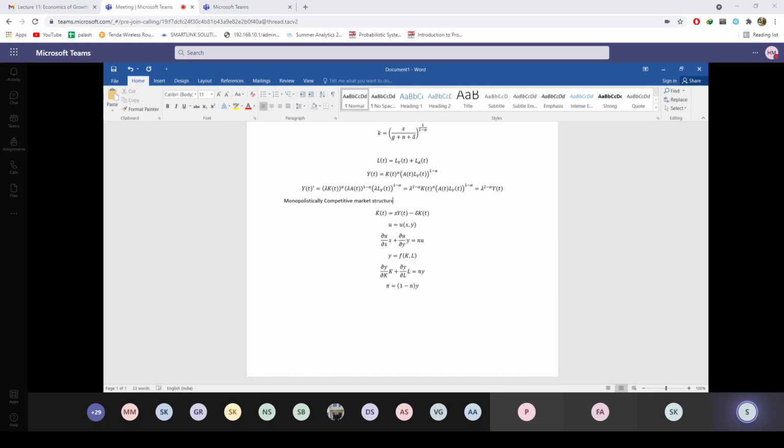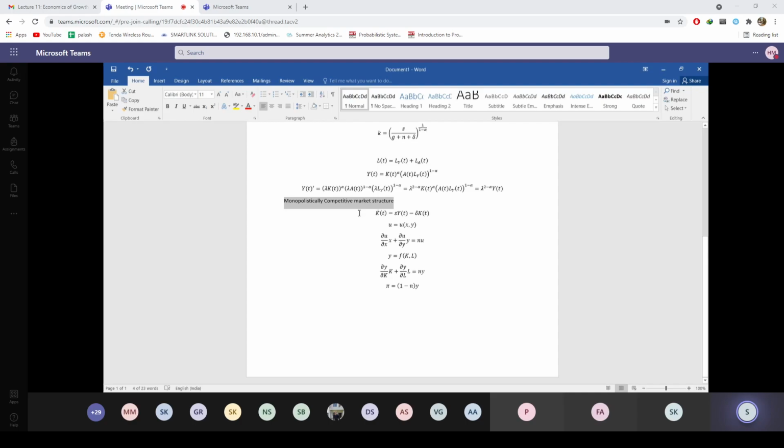Spare me for the time being; I will come to this later and explain in detail how this kind of market structure solves this problem. If I impose a monopolistically competitive market structure here, I do not need to encounter negative profit. I will come to that later.